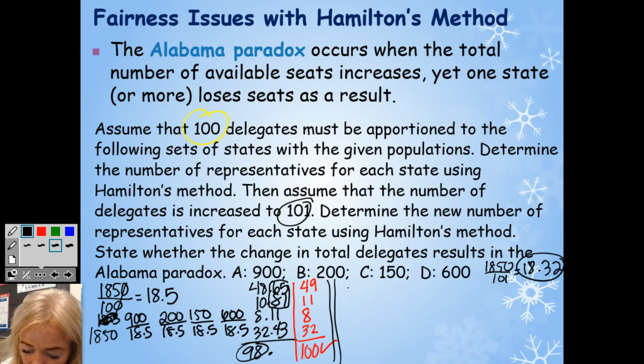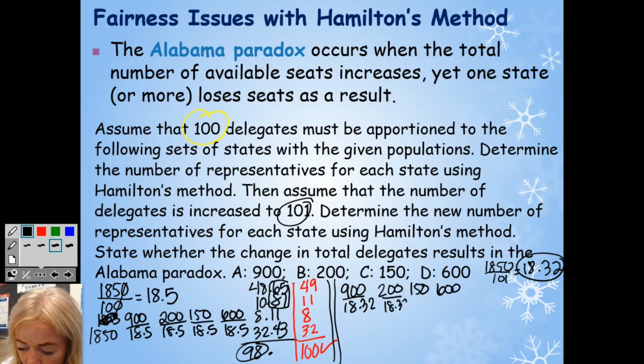So that means we have to take 900, 200, 150, and 600 and divide those each by 18.32, our new standard divisor based on 101 delegates.